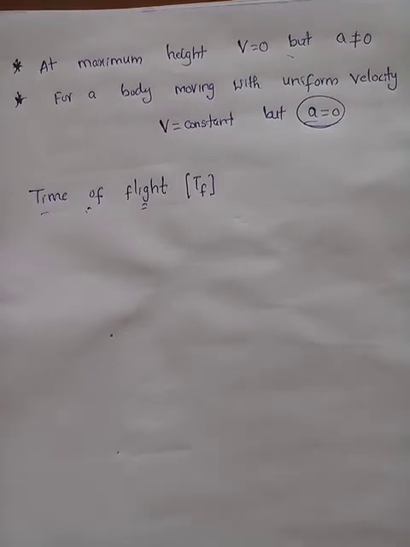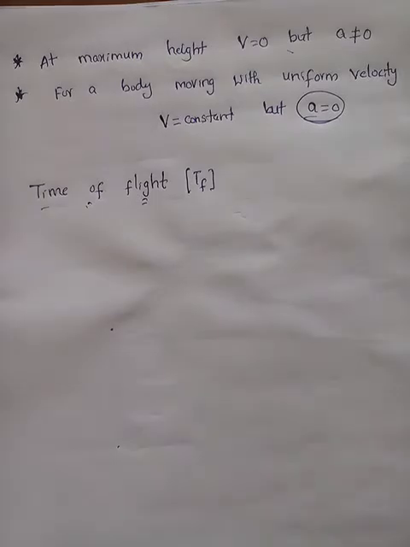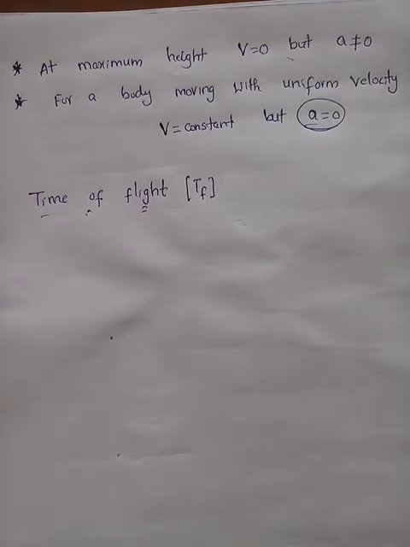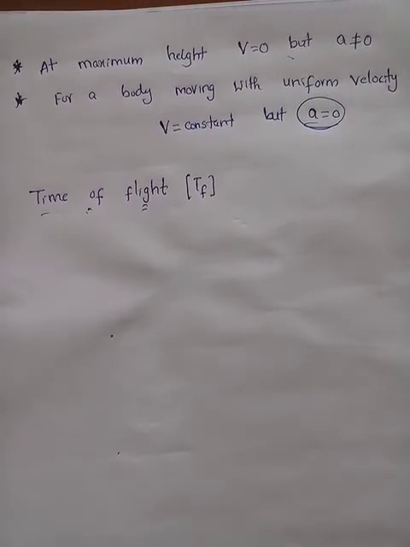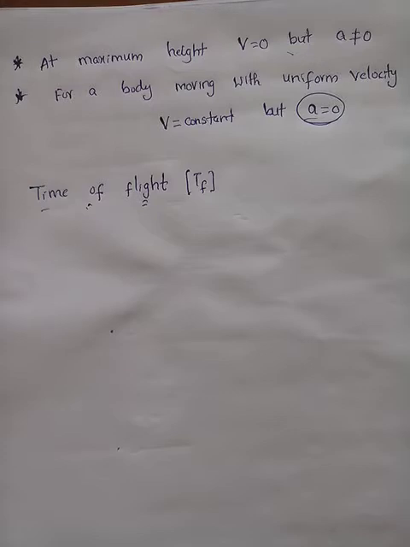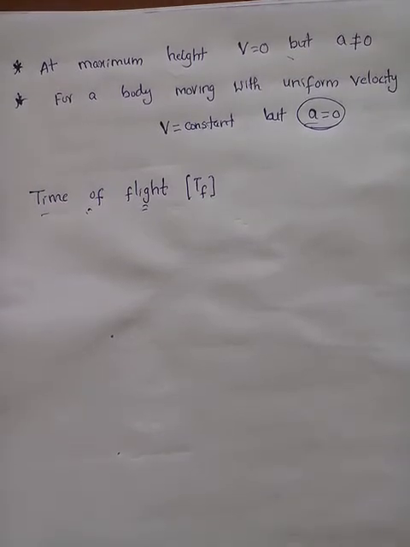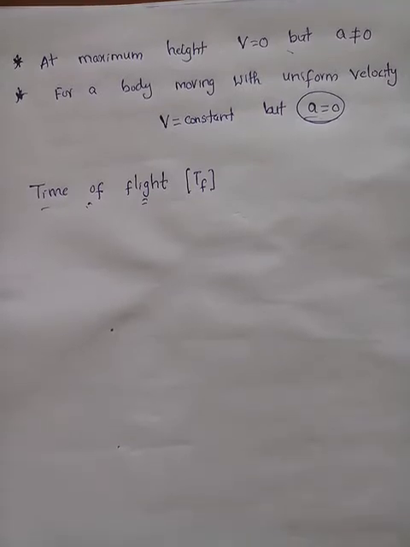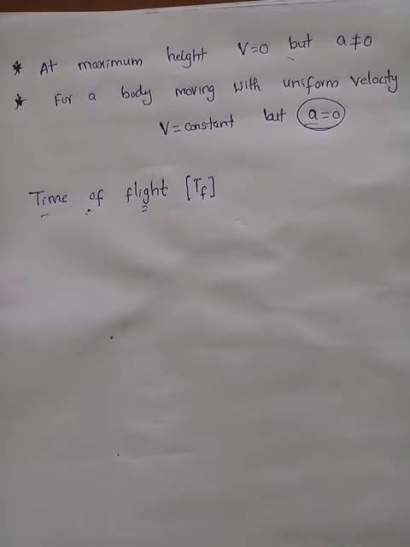Then it hits the ground with the velocity with which we projected it. So moving upwards, the time taken is called time of ascent. Coming downwards, the time taken is called time of descent. So from start to end, it remains in the air, right? That is called time of flight. The time for which a body remains in the air is called time of flight.